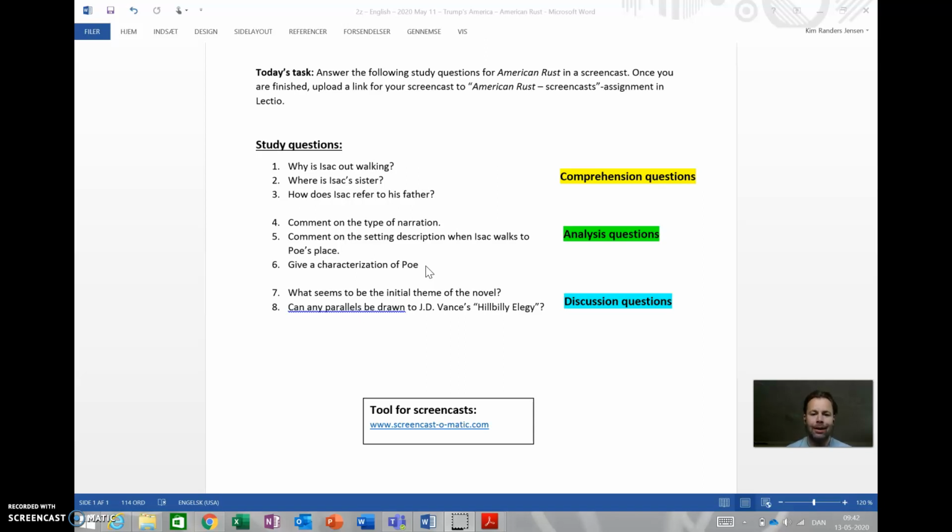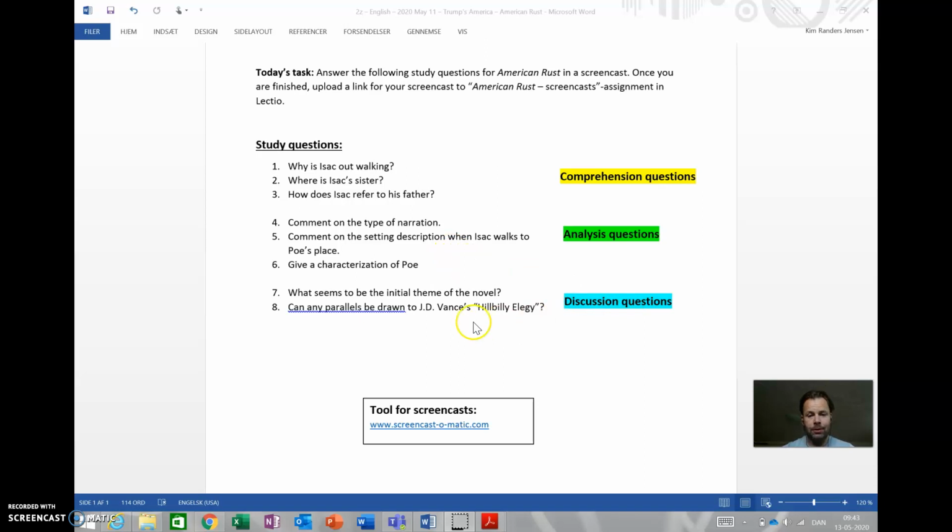We also see a description of his car, which Isaac refers to as a $3,000 paint job and then a pile of rubbish. So he is someone who is not spending the little money that he has wisely. In that way, Poe becomes very reflective of the environment that we see these characters in. That's why that's also a good analysis question.